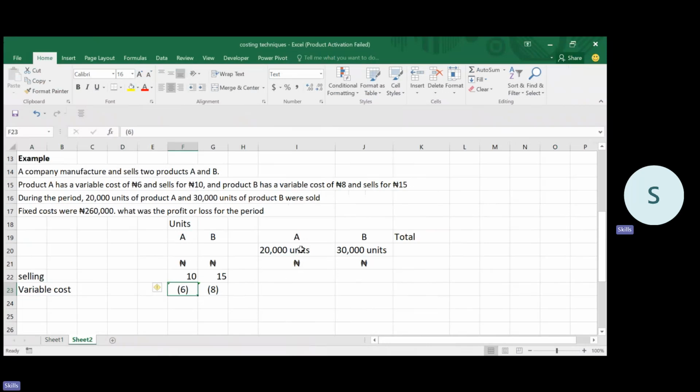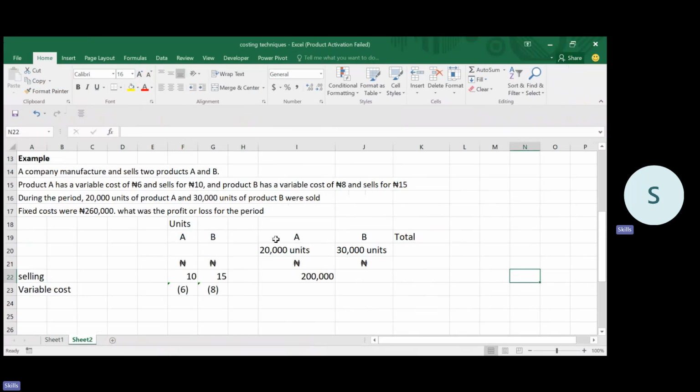Then the selling price for 20,000 units of product A, we will say 20,000 times 10. The price per unit is 10 naira. So 10 times 20,000, we will have 200,000 naira. This is the selling price for the 20,000 units.